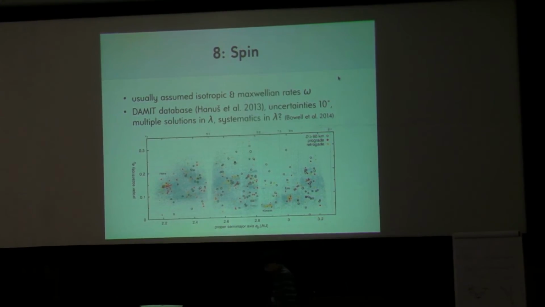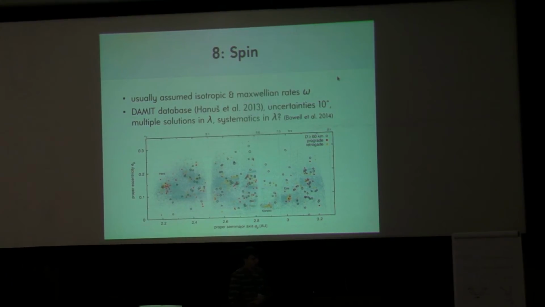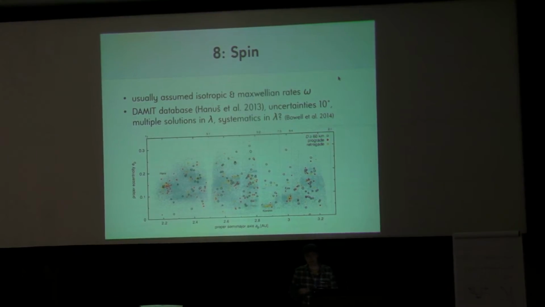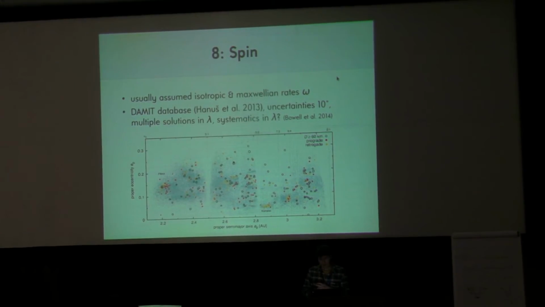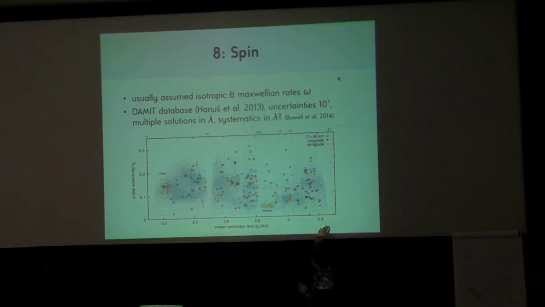Regarding the spin state, we usually assume, again, an isotropic spin just after the disruption and a Maxwellian distribution of spin rates. Okay, a very simple assumption, but it's only an assumption. If you look at the observed spin states, that's the plot below, rainbow, and the colors correspond to prograde or retrograde objects, which were inferred by Hanuš et al. 2013, which are included in the database.